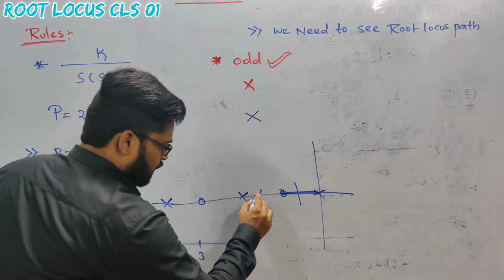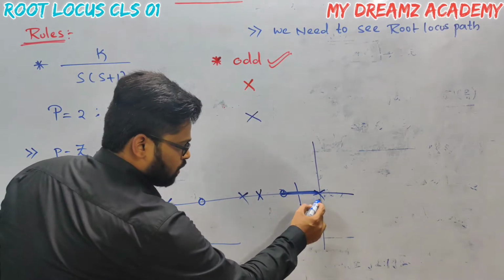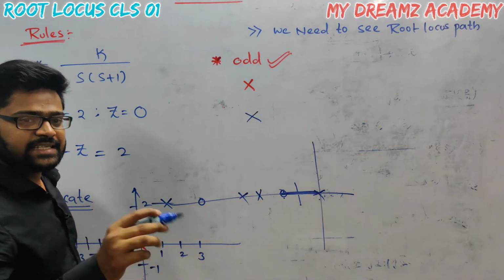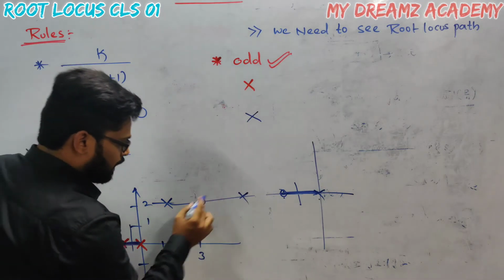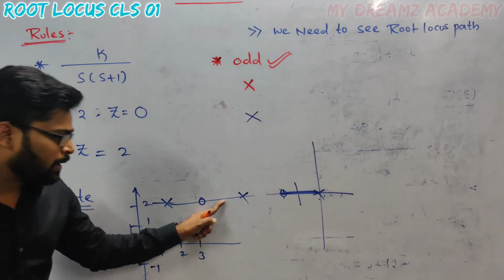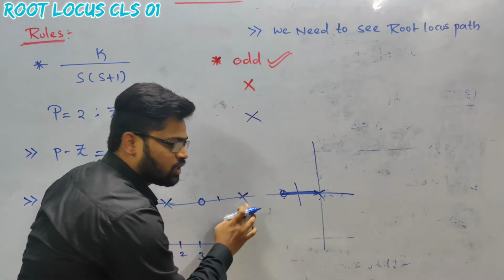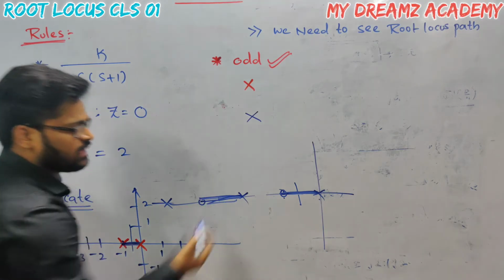Similarly, I consider one more point at this place, here one pole and here one zero. 1 plus 1 is 2. 2 is an even number, so there is no root locus path. And now at this point we have 3 roots, 2 poles and 1 zero. So there is a root locus path.